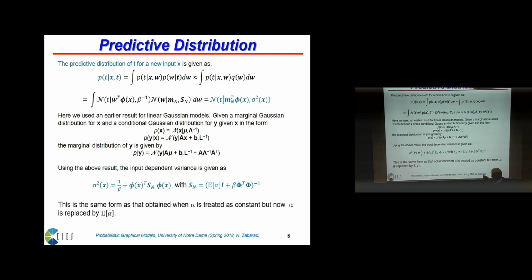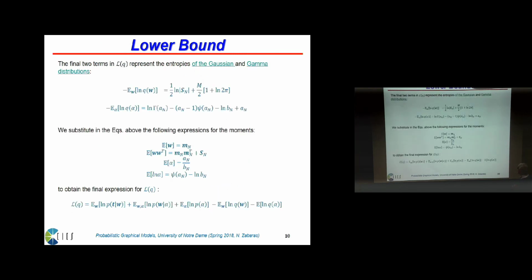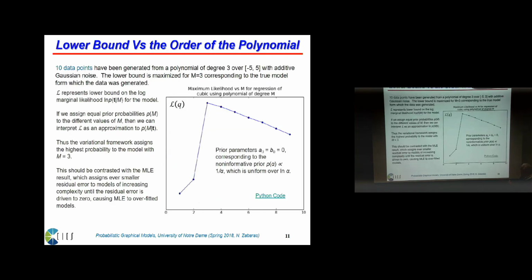The mean has a linear dependence on W, so the solution, which we have seen infinite times, is given analytically: both the mean and the variance. And again, instead of alpha, you get the expectation of alpha. If you want to calculate the lower bound, surprise, surprise, it has a wonderful analytical form.